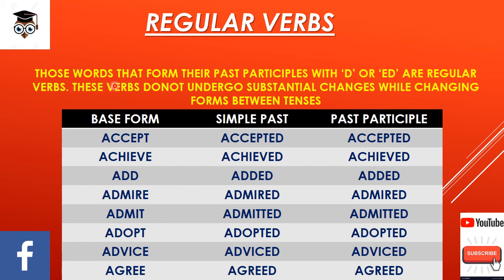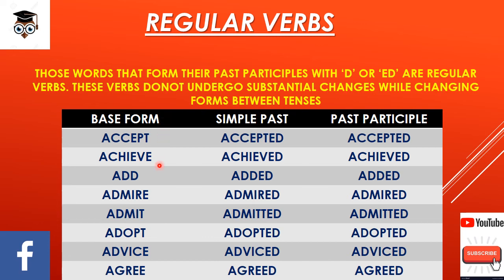Those words that form their past and past participle with D or ED are regular verbs. These verbs do not undergo substantial changes while changing forms between tenses.